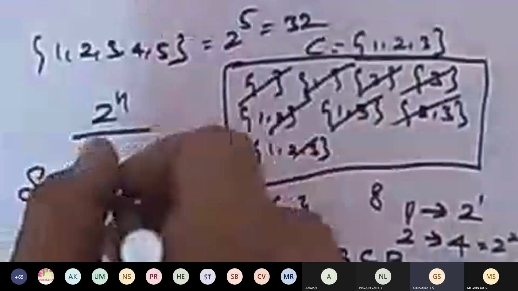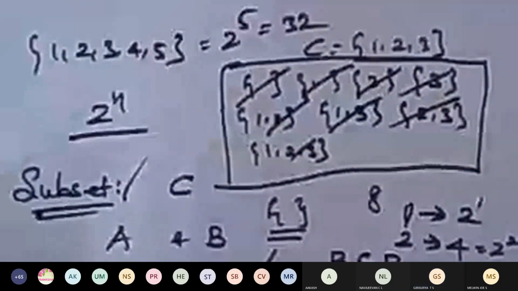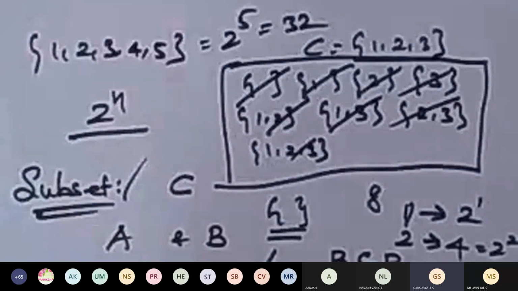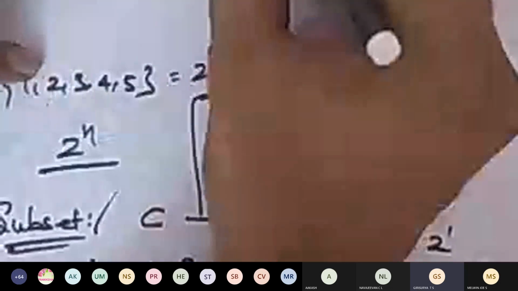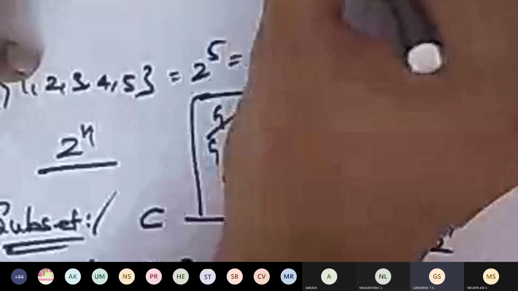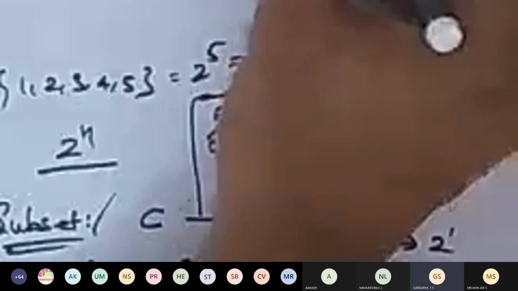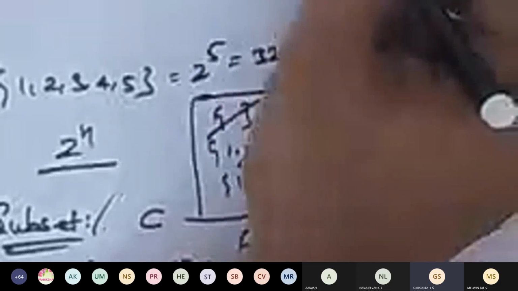So understand clearly. Subset means if elements of A are elements of B, then A is called a subset of B. Reverse also we can say: B is the superset of A. So A is a subset of B when read left to right.